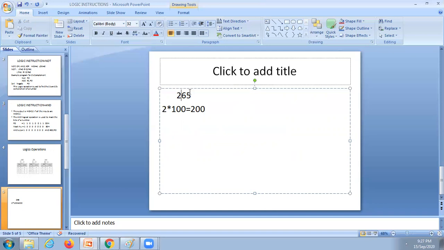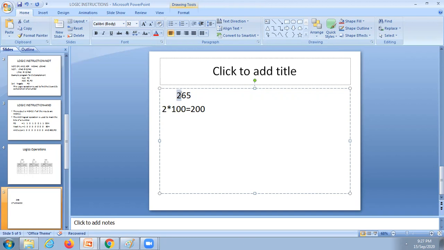Here, what about 5? What about the rightmost digit? That is the least significant digit. 2 is the most significant digit. Instead of bit, I am saying digit because it is a decimal digit.